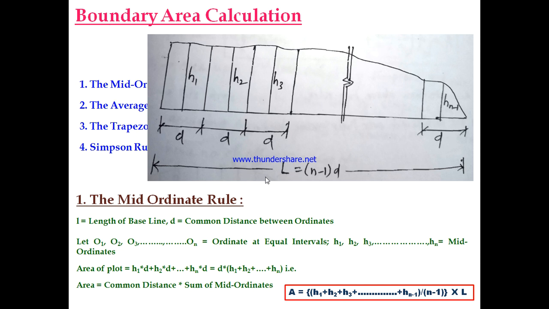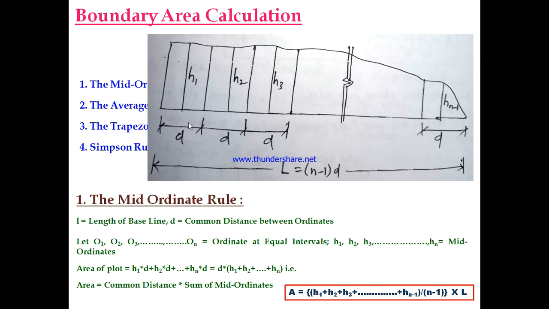Let us consider this figure also. Suppose we have divided this ordinate into common distance D. Suppose this point is O, this is O1, O2, O3, O4 and so on. Now this is the mid of the ordinate 1, H1, mid of the ordinate 2, H2, mid of the ordinate 3, H3.